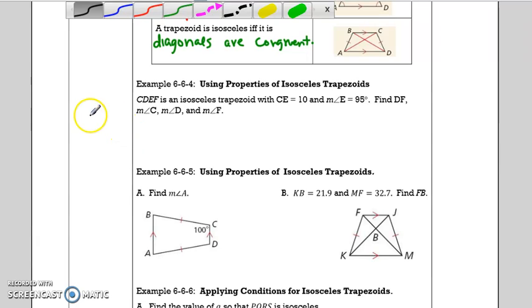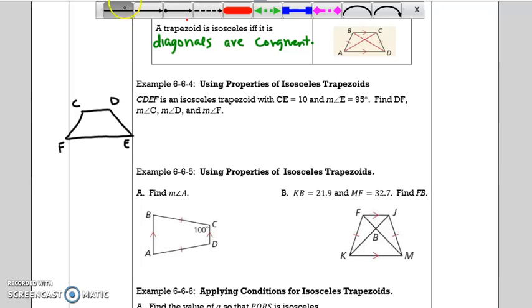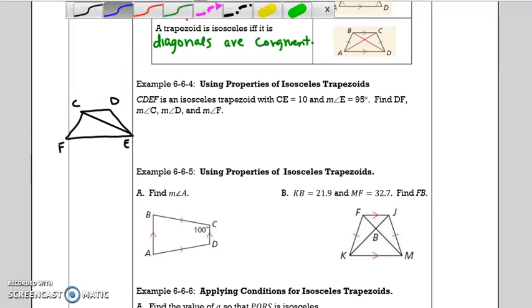So let's go ahead and draw a little picture to help us here for our isosceles trapezoid CDEF. And we know that CE, so that's actually this little diagonal here, is 10. And we know that angle E is 95 degrees.